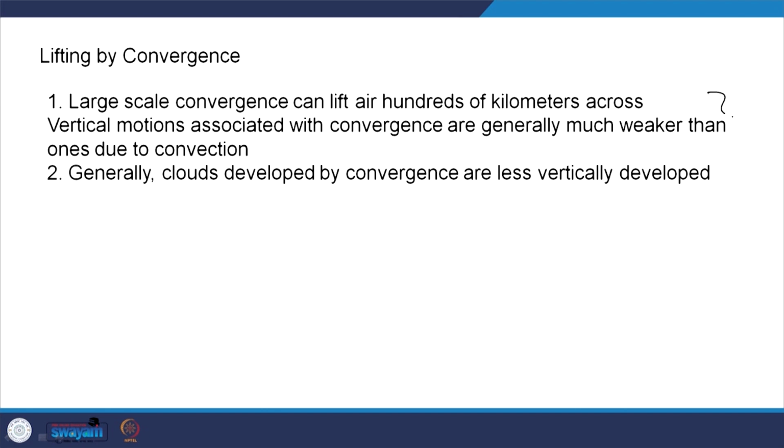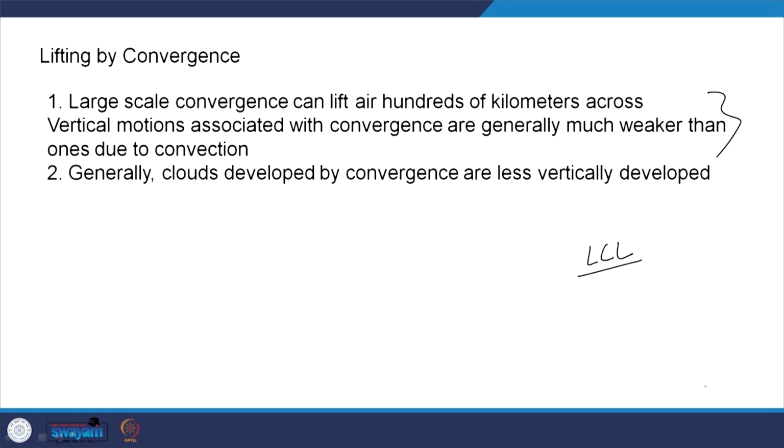Generally, this also complements one more very important understanding: the lifting condensation level is ultimately defined at a higher altitude. If the convergence is able to push air to this particular altitude, only then will it result in the formation of cloud. Having said that convergence may not be as effective as convection, the convergence idea does not generally give you a lot of cloud formation in the atmosphere.